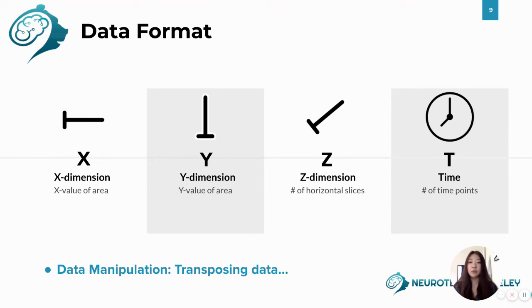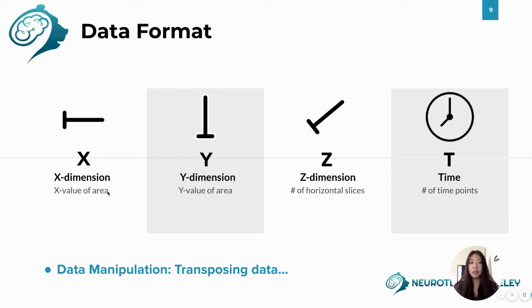To move through those slices, you've got each area plane, X and Y, and then you have many, many of those slices. So the Z dimension gives you the number of horizontal slices that you have. And T, the 4th dimension, is the number of time points. Remember, you're tracking brain function during activity, so it's going to be looking at that over a series of time points.